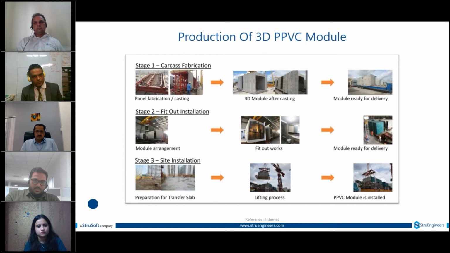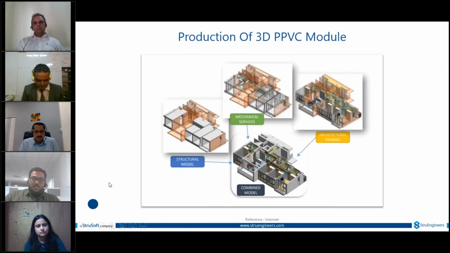At the erection site, there is a transfer slab, and on that the 3D modules are erected. Structural modules and the services, everything is done in the manufacturing plant, and only connection work like grouting and screeding is on the site. That is the special thing about this 3D PPVC.